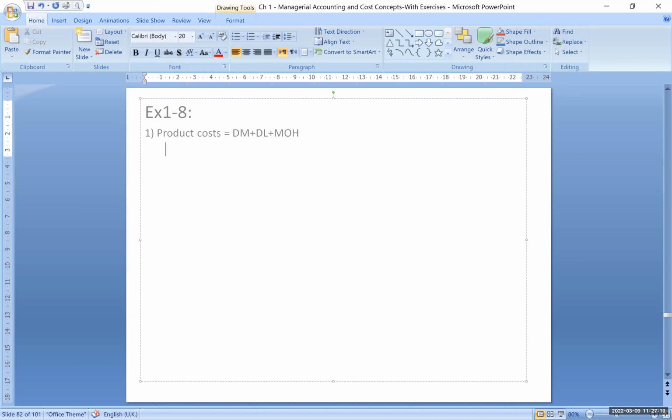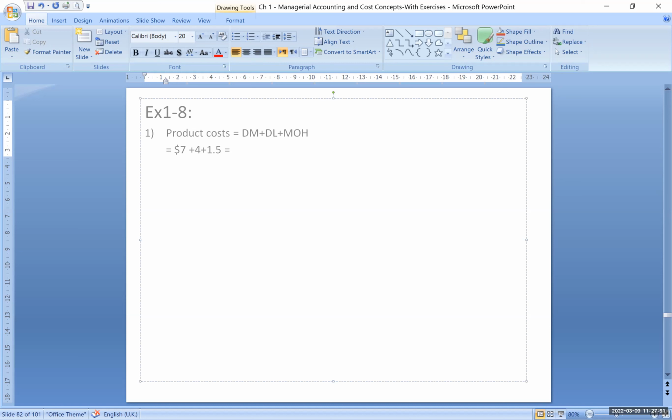So the answer here will be the product cost, which equals what? $7 plus 4 plus 1.5. 1.5 represents the variable manufacturing overhead.